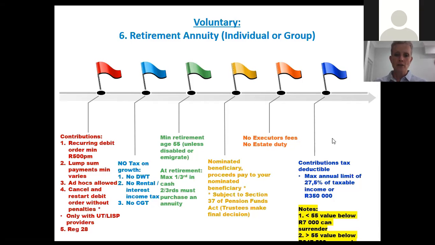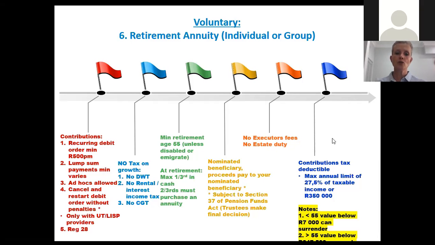You can nominate a beneficiary, but what's very important to remember here is that all retirement fund products are subject to Section 37 of the Pension Funds Act, which basically means in English that the trustees of the fund have the power to overturn your nomination, because they might find that you have legal or factual dependents, people that are 100% or partially financially dependent upon you, and you haven't nominated them as a beneficiary.